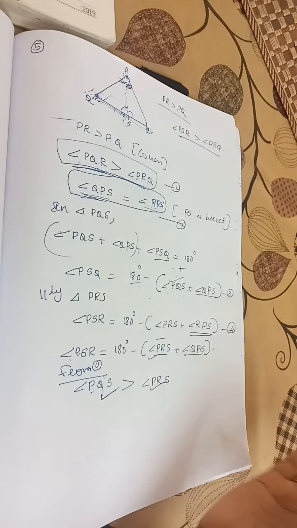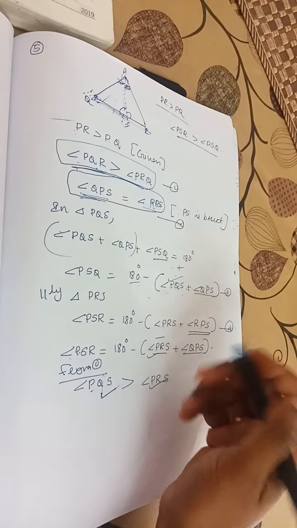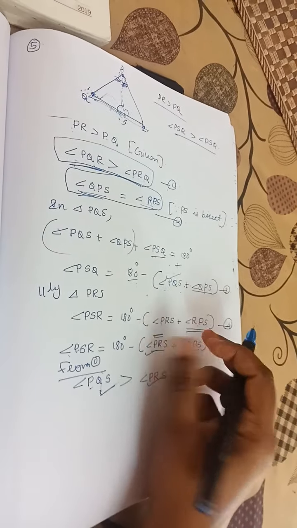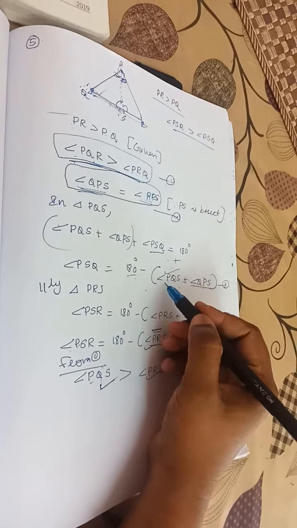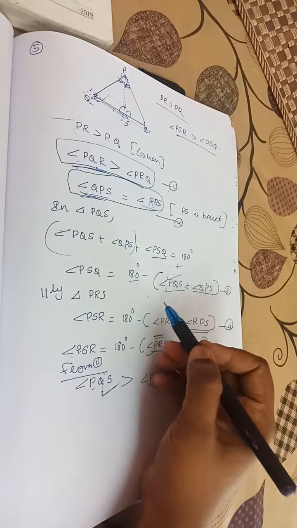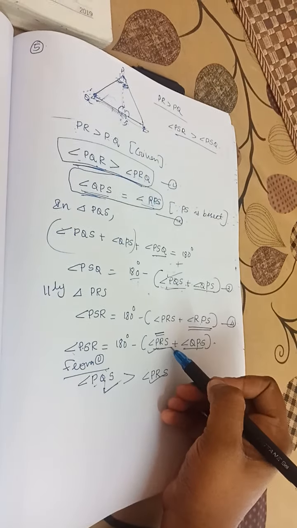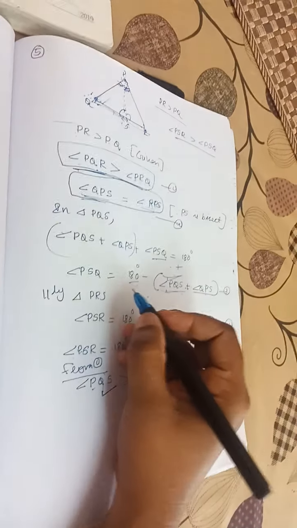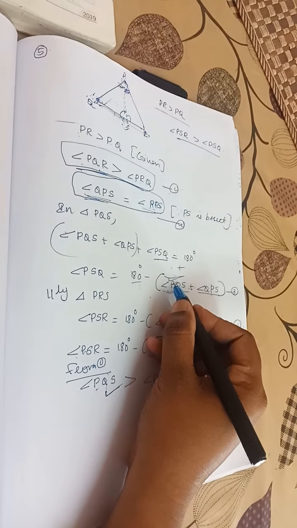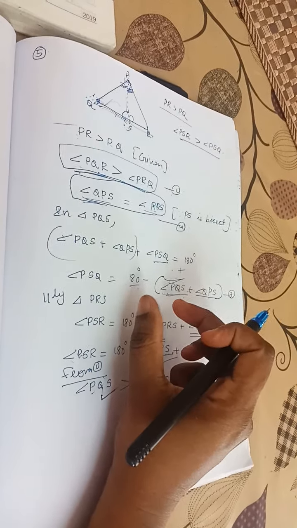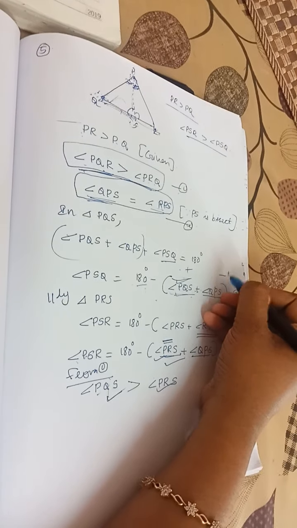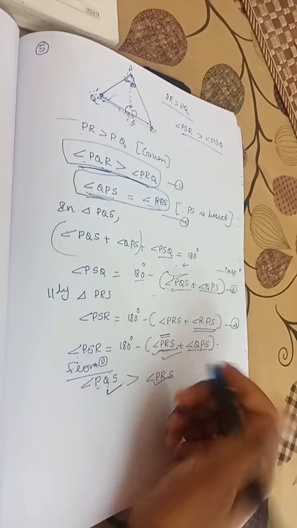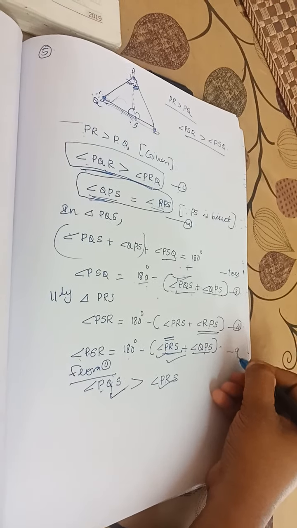This method I explained in the previous class. You can check the previous video also. Here one less number is added to the same number, so we will get a lesser number. So 180 minus the greater number gives a lesser number, and 180 minus the lesser number gives a greater number.